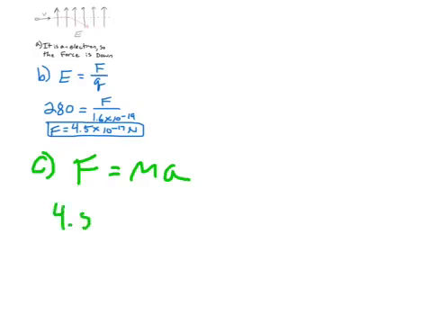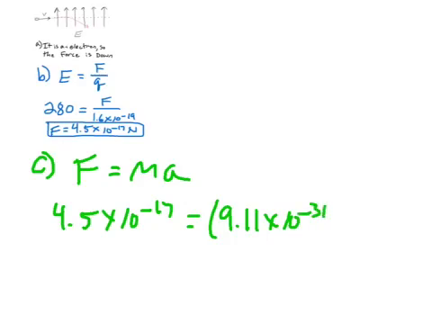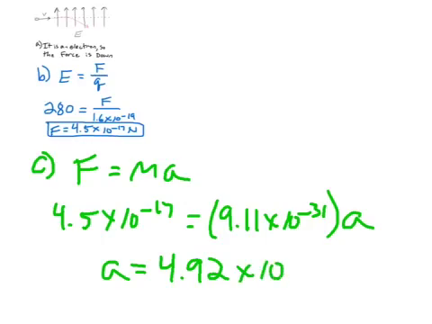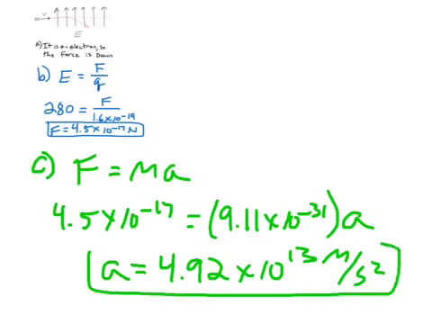So it has this 4.5 times 10 to the negative 17 newton force on it, and in the table of information we see that the mass of an electron is 9.11 times 10 to the negative 31 kilograms. We want to find the acceleration, and the acceleration is 4.92 times 10 to the 13 meters per second squared. So as long as we know that the only force acting on this thing is this electric force, we just use a simple F equals ma.